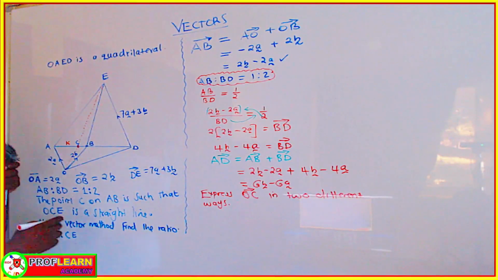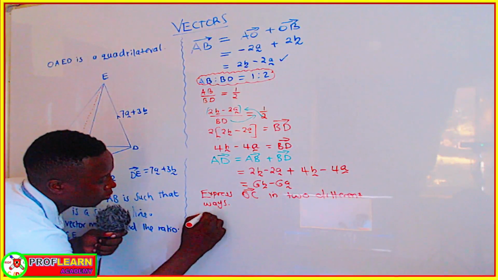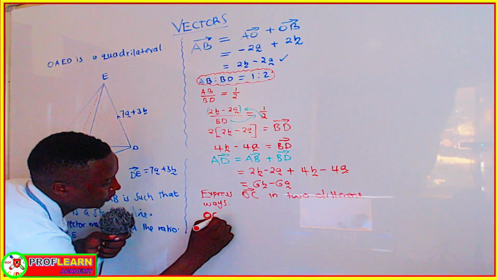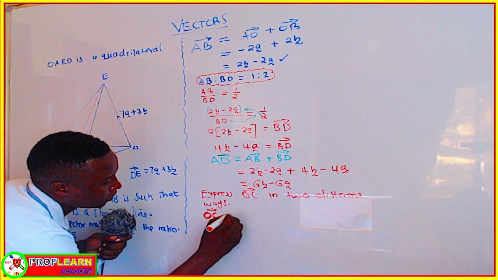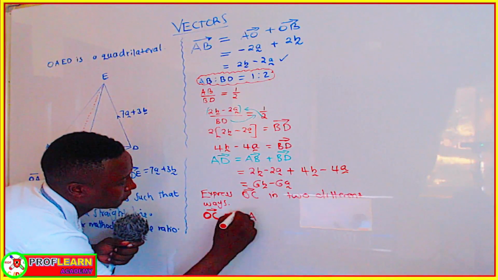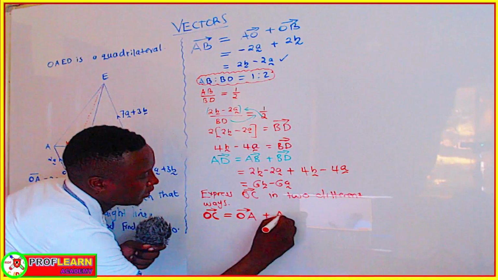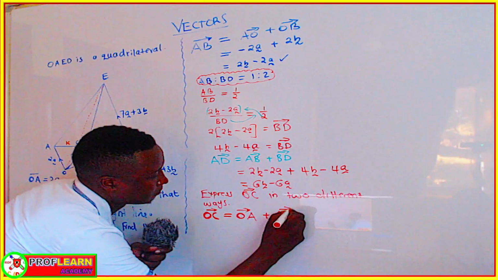So we're going to say one way of OC is going to be OA plus AC.